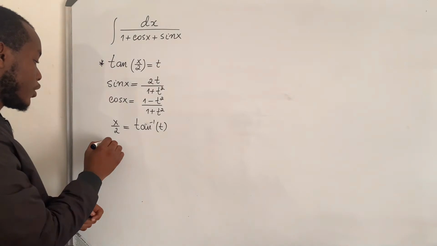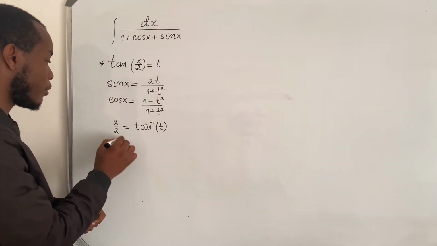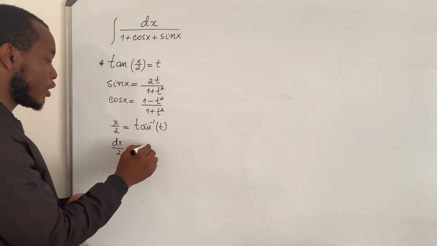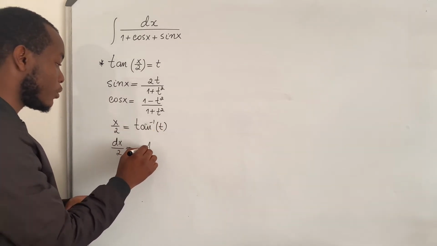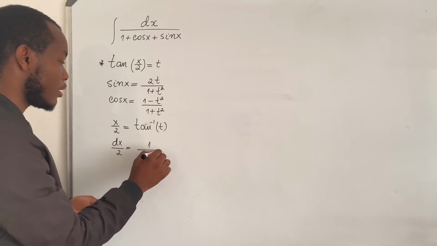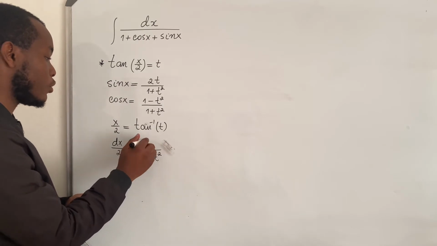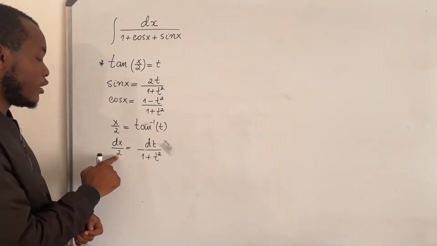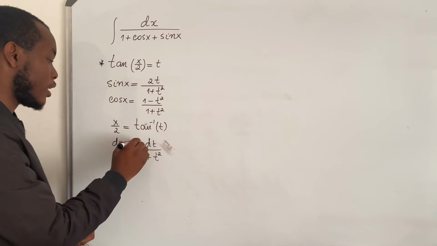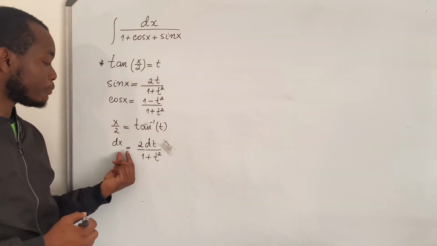If we differentiate here, it will be dx over 2, because the derivative of x is 1, and the derivative of tan is the derivative of the argument, which is 1 over 1 plus the argument squared times dt. So this dt can be written here, there is no problem. And then this 2 that is dividing can go this side, multiply. So this will be the expression for dx.